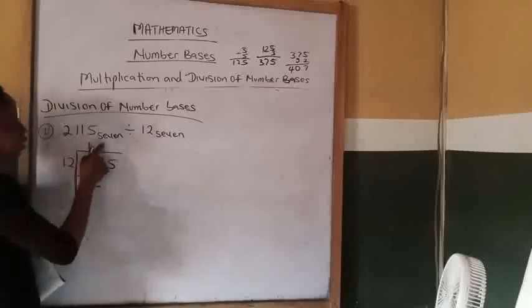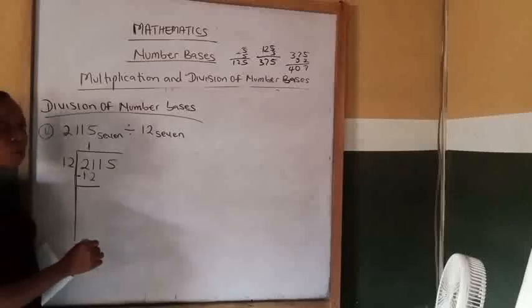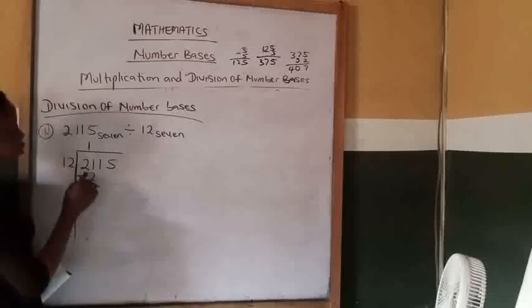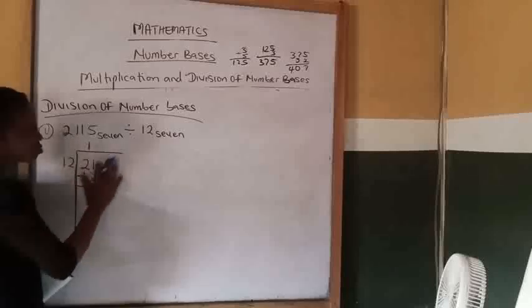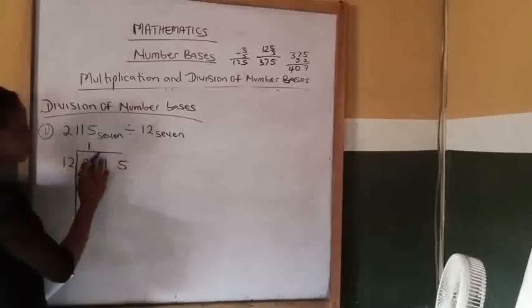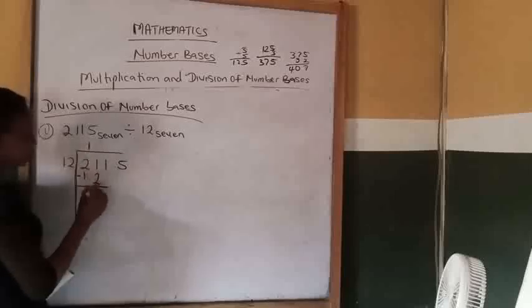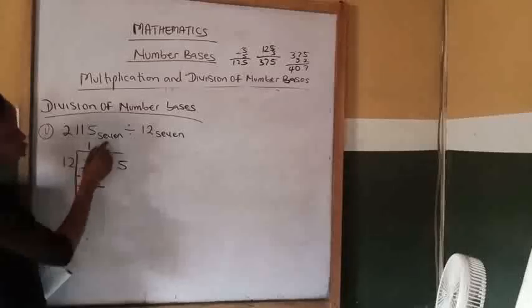Then don't forget the use of your base 7. When you subtract, whatever you borrow is your base. So I have to carry 1. Let me create space in between the numbers. I have to borrow 1 from here down to this place, but when it gets to this place, it will change to your base.